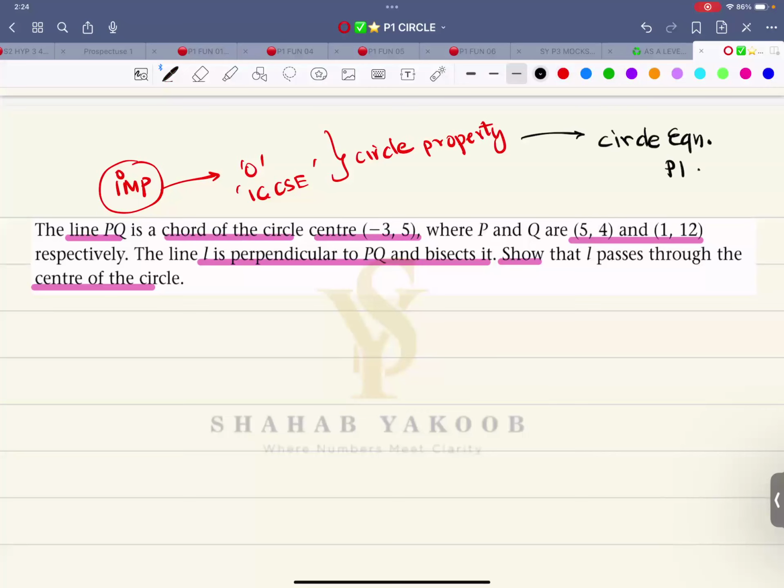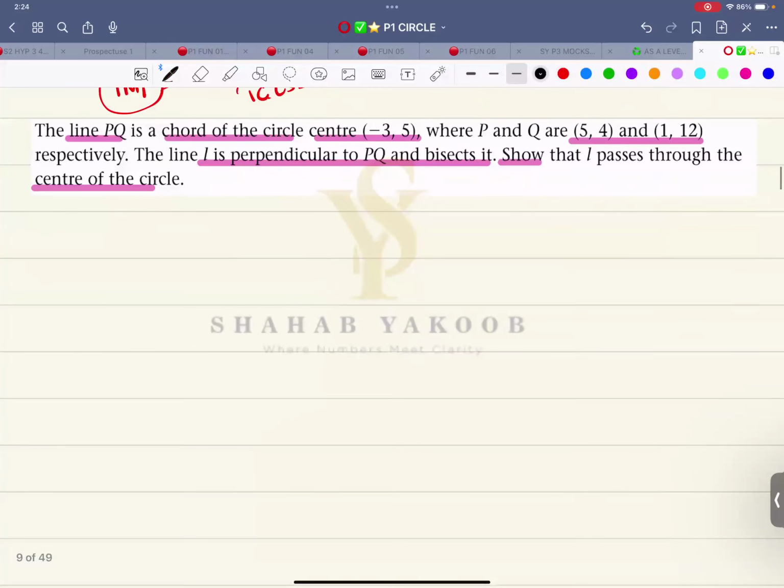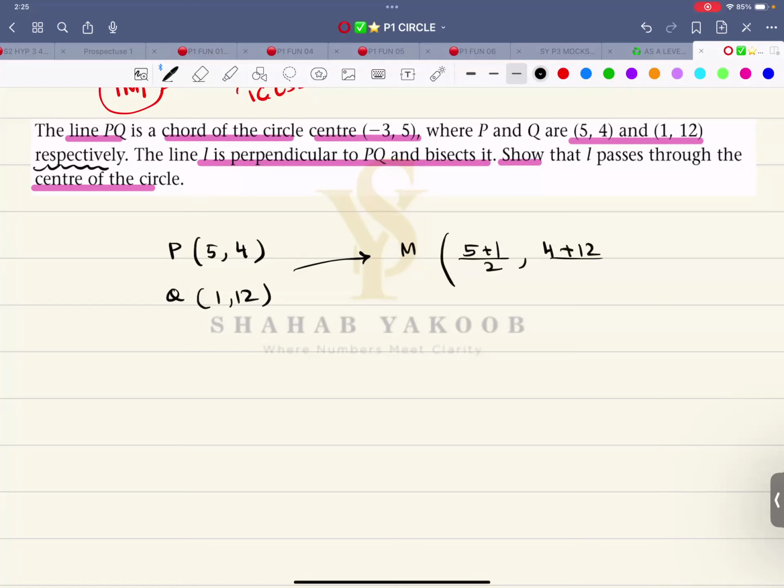in P1. Okay. So now, first of all, let me write over here P, which is 5 and 4. Let me write Q, which is 1 and 12, and it says respectively, that is the keyword. And let me do two things. First of all, let me find the mid value, which is (5 plus 1) divided by 2, (4 plus 12) divided by 2, 6 over 2 is 3, 16 over 2 is 8.